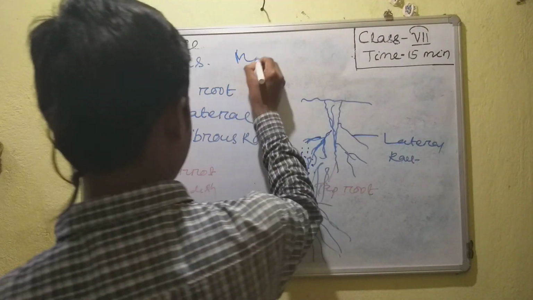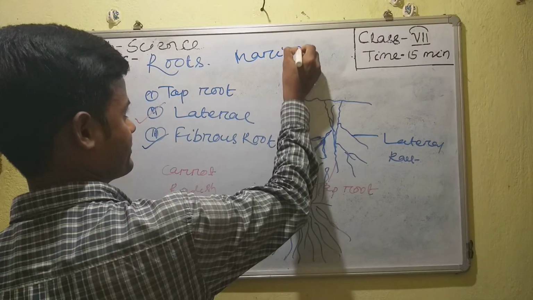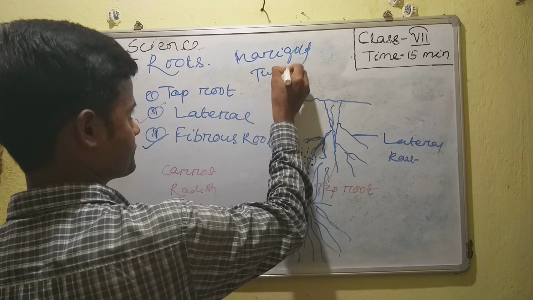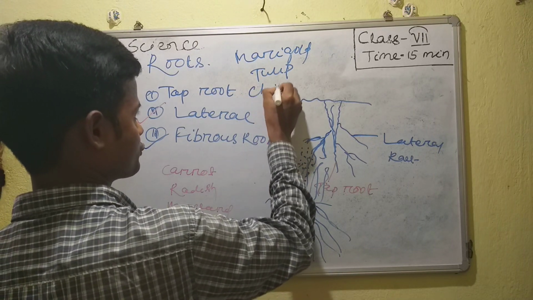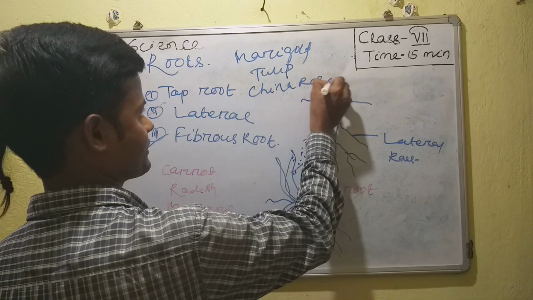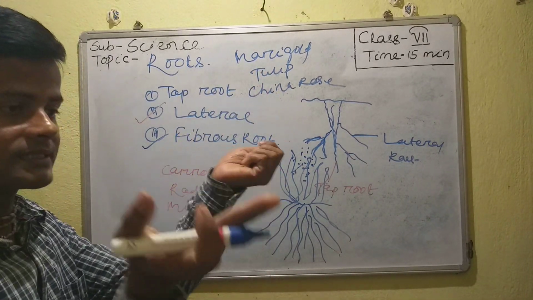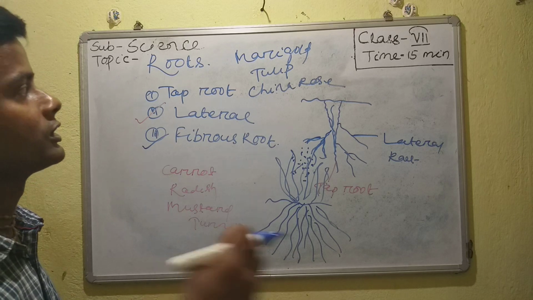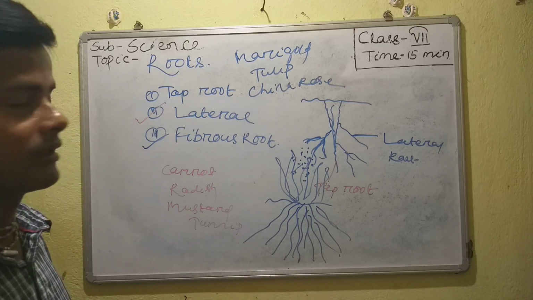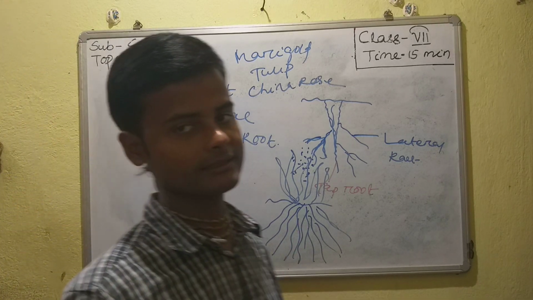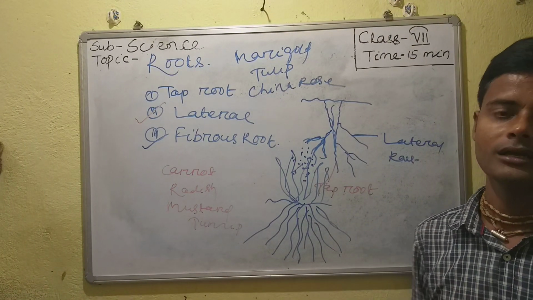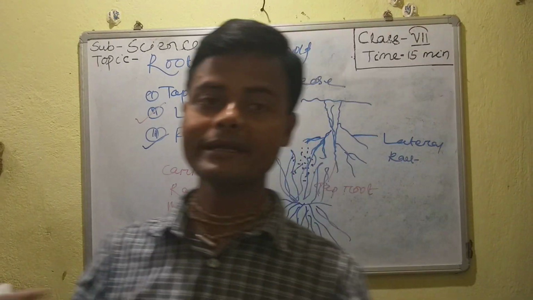In marigold, tulip, China rose, roots come from the stems directly. So these are adventitious roots.